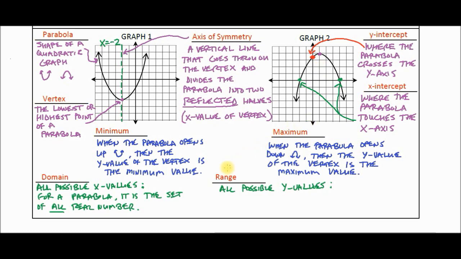Let's make a note here. If the parabola is facing up, I'm just going to use a little symbol, then the range is going to be all numbers that are greater than or equal to the y value of the vertex.